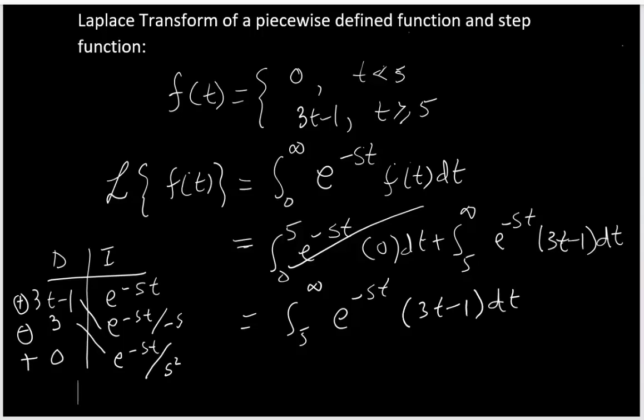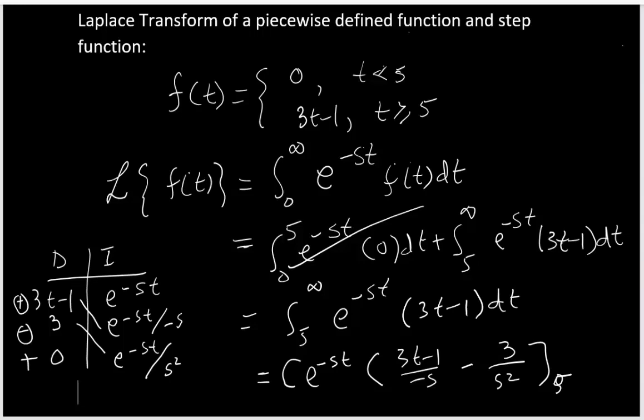So that gives me the integral. You can see e to the negative st is a common factor, so keep it outside: e to the negative st, and the remaining is (3t minus 1) over negative s, and then minus 3 over s squared, with the limit from 5 to infinity.